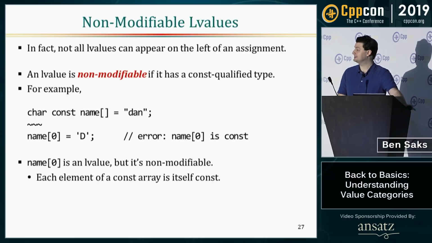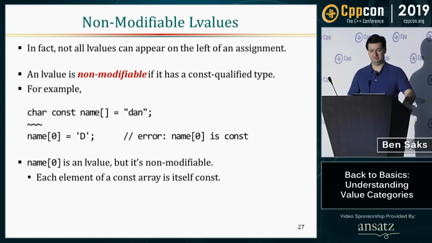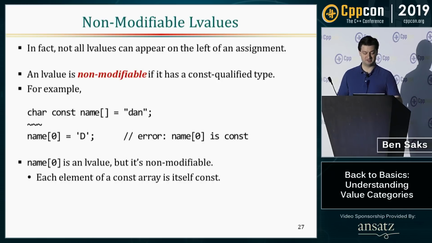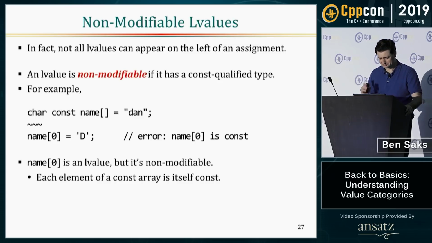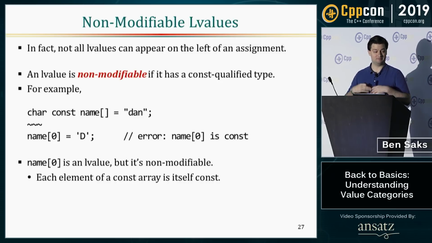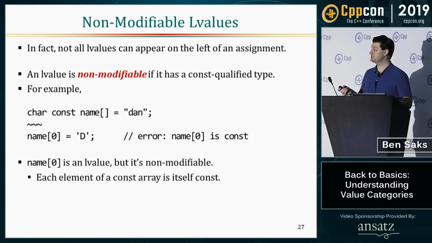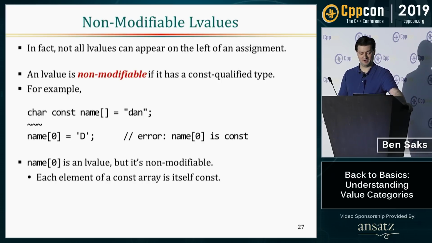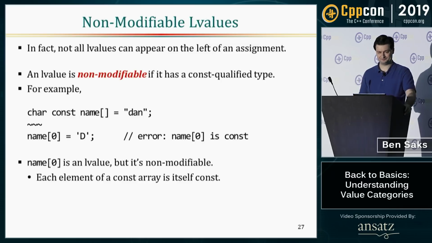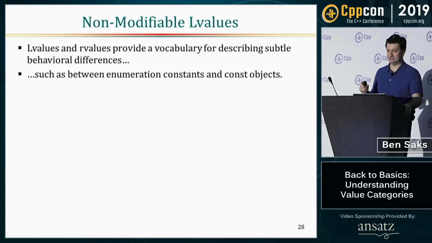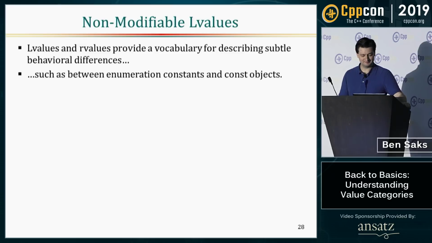So if I try and assign to one of the elements of name, the elements of a const array are themselves const, I can't do that because it's a const object. It can't be modified. It still has a location in memory. It's an lvalue, but it's a non-modifiable lvalue. And this term is actually used in the standard. I didn't just make that up.